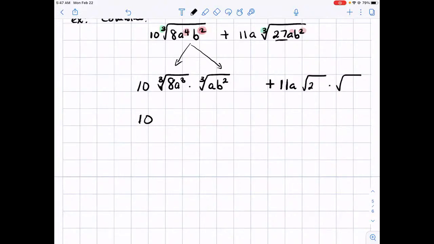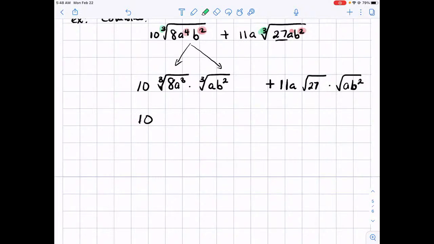So 27, we know the cube root of 27. The power of the a, I said, is a to the 1. So it's smaller than the index. So that cannot be simplified. The power of the b is 2, so that cannot be simplified either. So we put it there. So remember, we're talking about a cube root, okay? And if the powers are smaller than the index, they cannot be simplified.